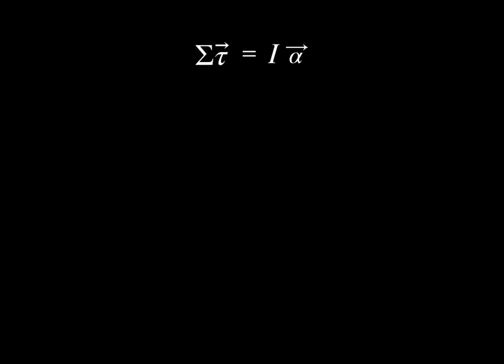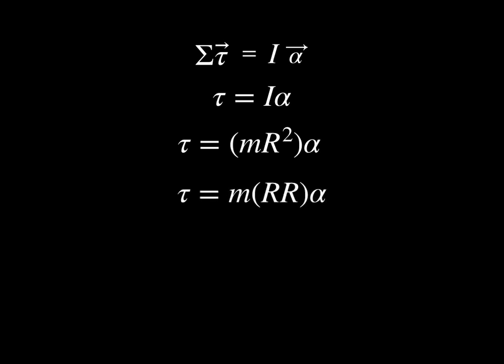Taking a closer look at just one torque, instead of the summation of all of them, and in magnitude only, can be expressed this way. Let's begin with a little substitution. Instead of moment of inertia, let's replace it with its most generic expression, which is mr squared. Separating the r's, the expression looks like this.